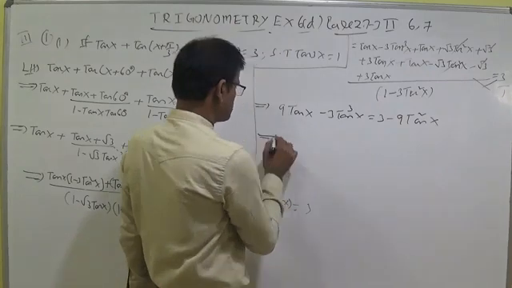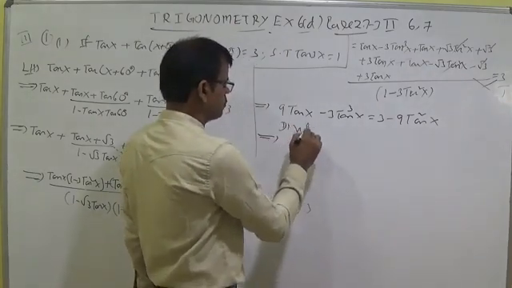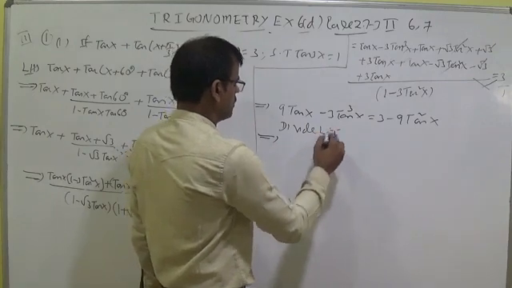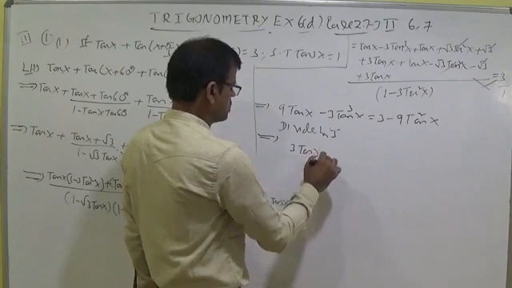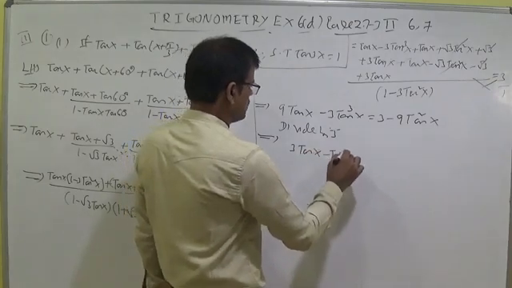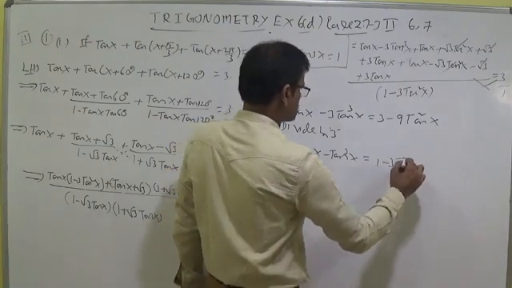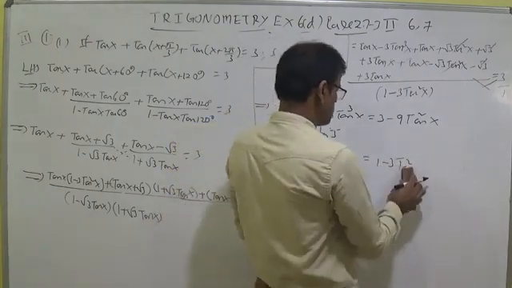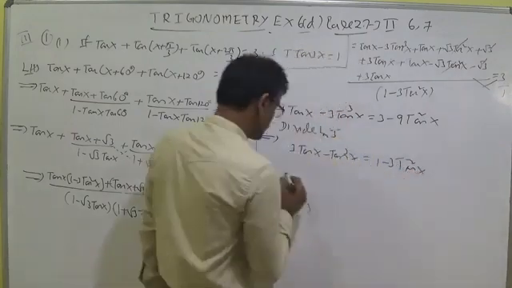That implies, take 3 common, divide by 3 on both sides. You can write 3 tan x minus tan cube x is equal to 1 minus 3 tan square x.